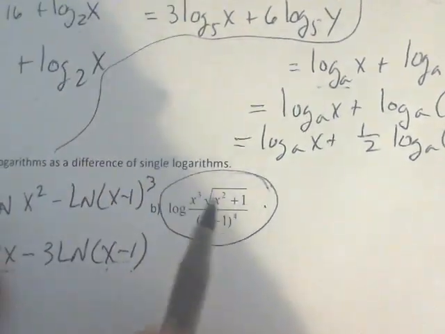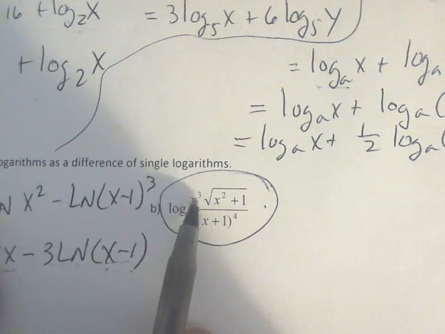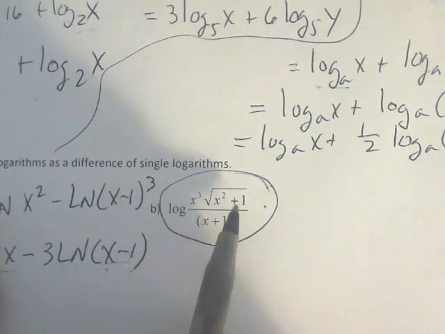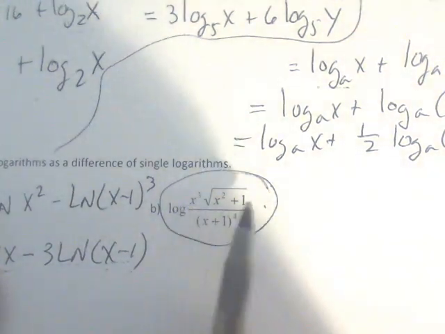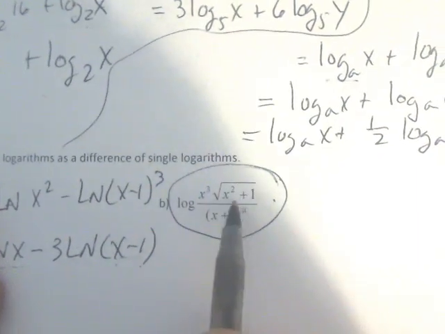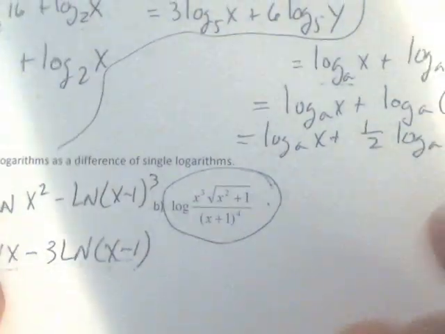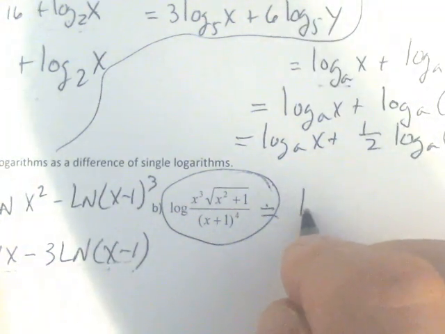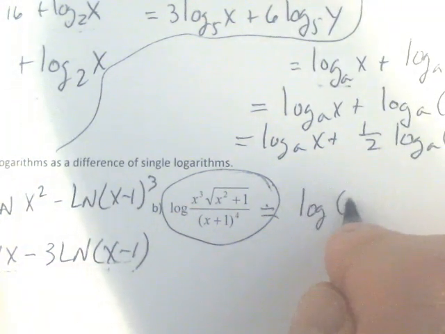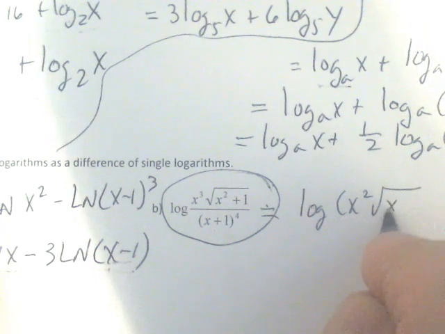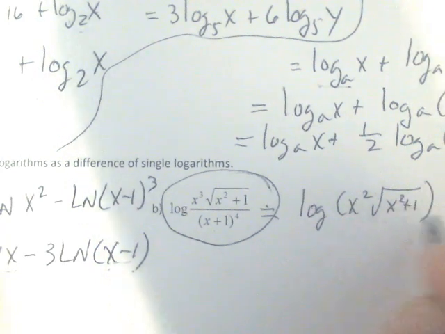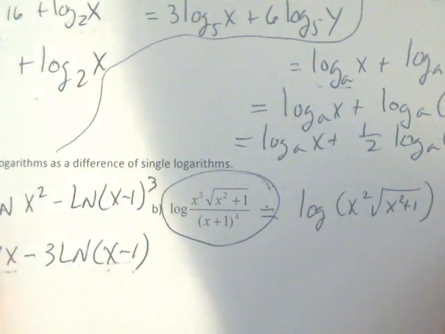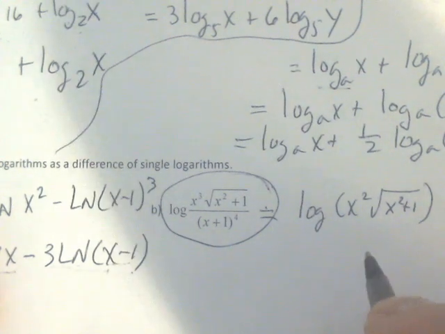Okay, this one has a quotient, and in the numerator it's got a product. So when you have choices, we apply law 2 first. So go ahead and apply law 2, and I'm going to do the log of the numerator minus the log of the denominator.